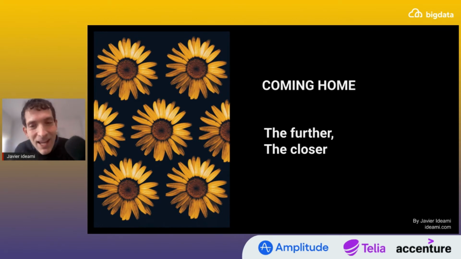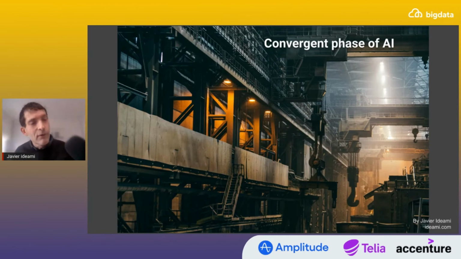So generative AI, for me, the mantra that I use very often is coming home. Why? Because the further we go with generative AI, the closer we get to what? To our own essence as beings that are able not only to converge, but also to diverge. Because we have gone in the last years through the convergent phase of AI.